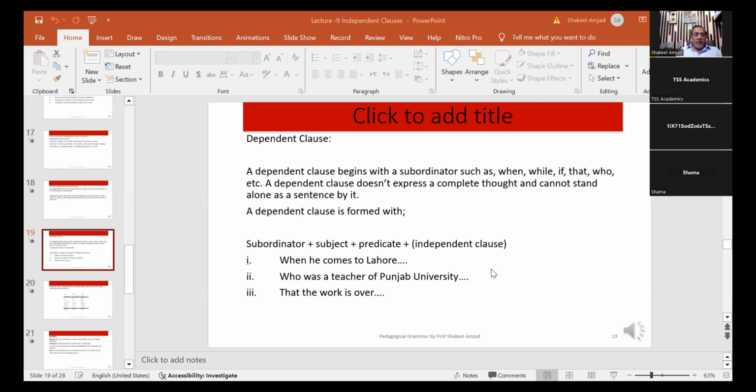So we'll do some more on dependent clauses next time with the winding up notes.